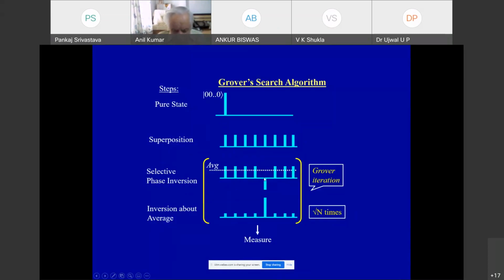But then what you do is a inversion about the average values. And if you repeat this root n times, the desired state comes out with high probability. And this is Grover's search algorithm. Okay.